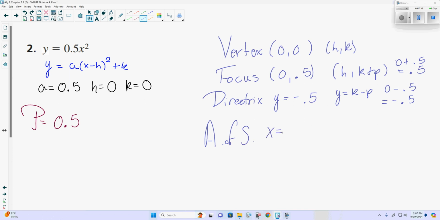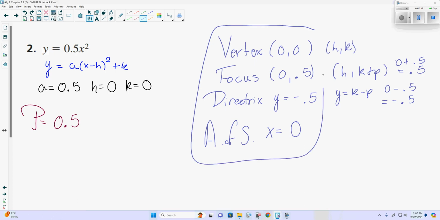X is equal to 0, because x is equal to h. Questions on this so far? Are we good with this so far? Yes.